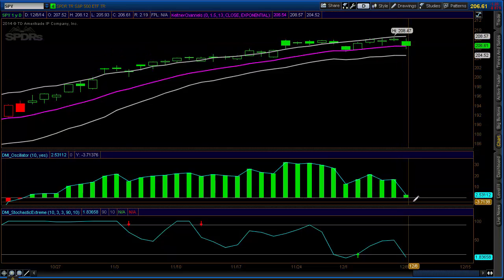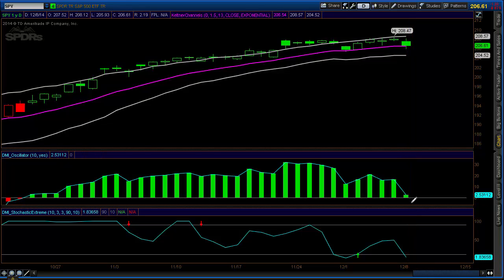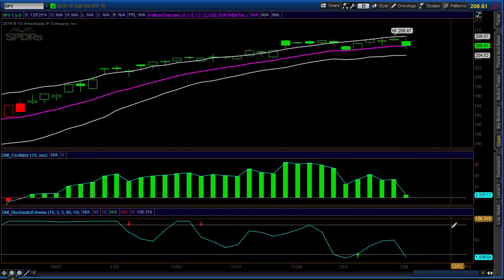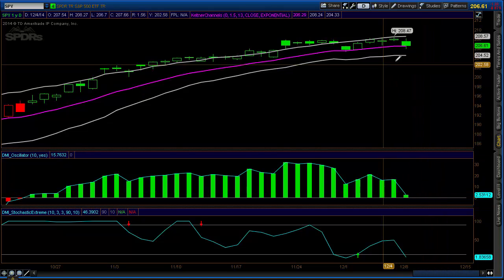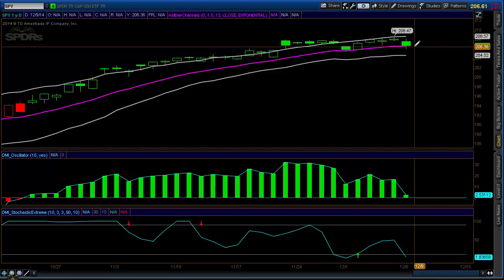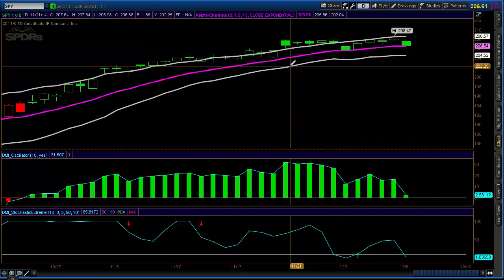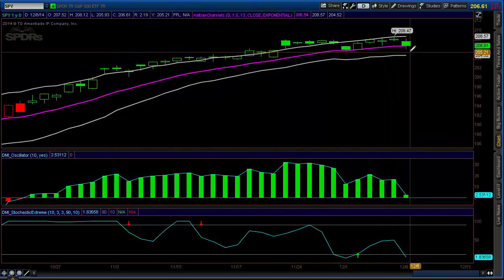This time we're getting dangerously close to crossing the zero line, turning negative, and then coming back up. On that next sell signal, if that plays out in that manner, I'd be looking to pick up some spider puts at that point. So for this trade of the week, I just want to focus on the spiders, and I don't know if that trade is necessarily going to trigger this week.